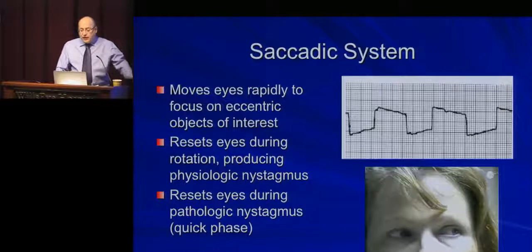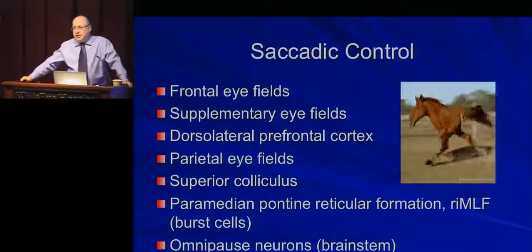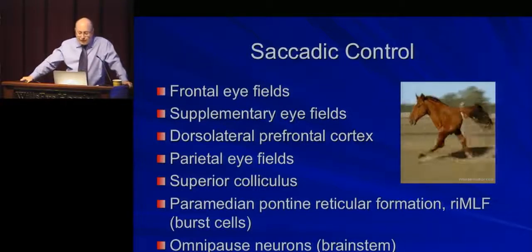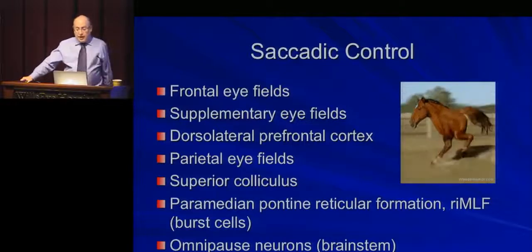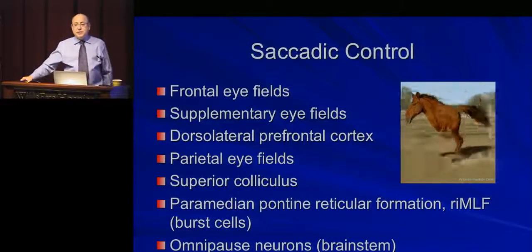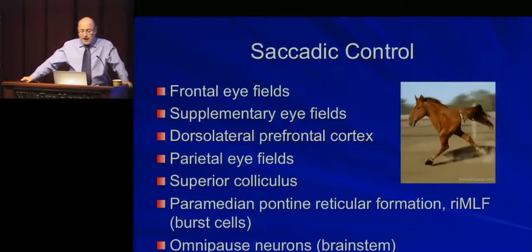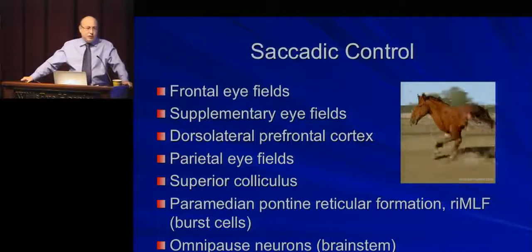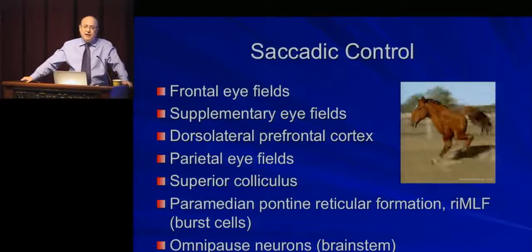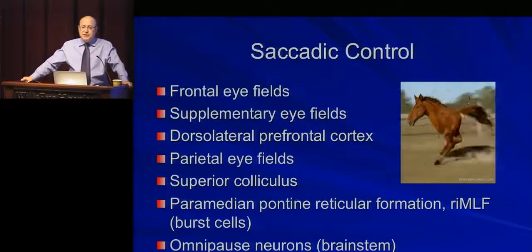So where in the brain are saccades controlled? Well, all these places: frontal eye fields, supplementary eye fields, the dorsolateral prefrontal cortex, parietal eye fields. In the brainstem, the main center is the superior colliculus. And for horizontal movements, the paramedian pontine reticular formation right near the sixth nerve, and the rostral interstitial medial longitudinal fasciculus for vertical.